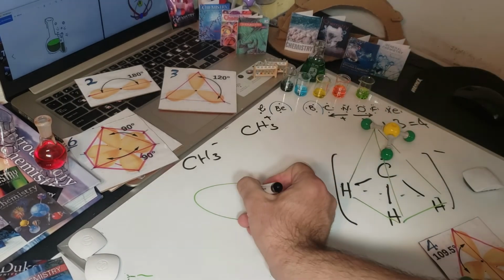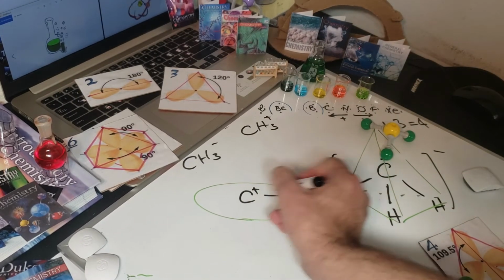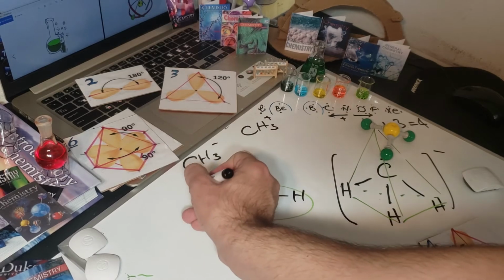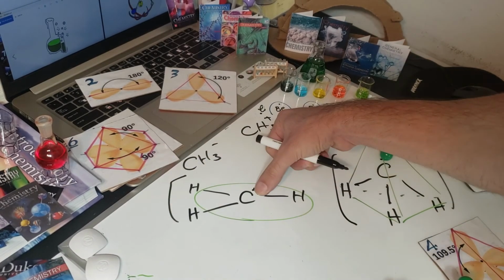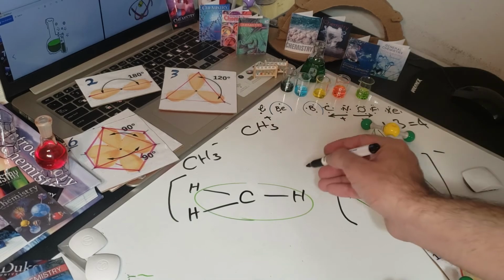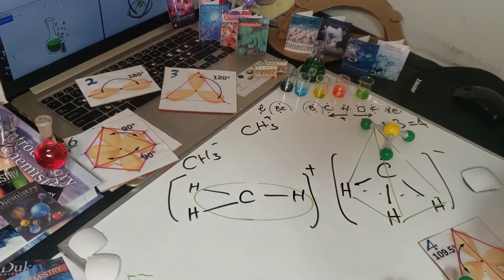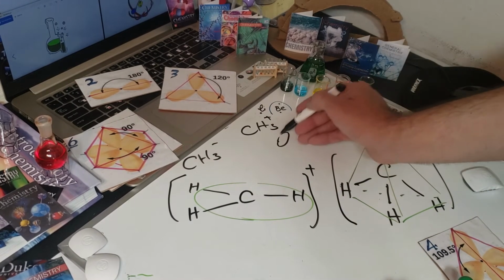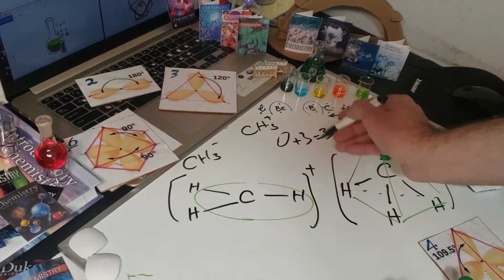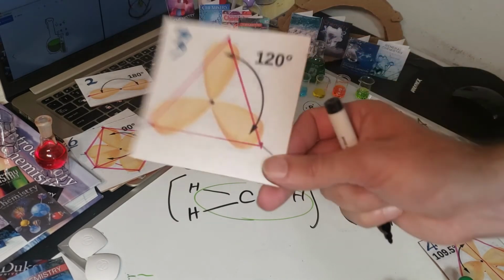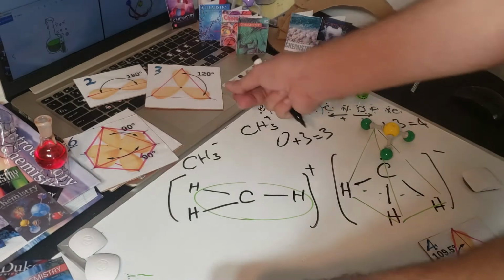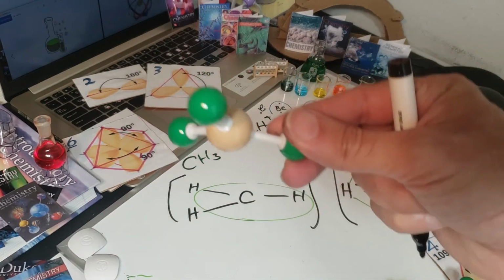I have my C plus in the center. I have 1 hydrogen, 2 hydrogen, and 3 hydrogen. And if I do this, it would be like this. Again, it's 0 lone pair, 3 surrounding atoms gives you 3. That's why you go to this framework. Okay, that's the geometry. You could look at it from the side.